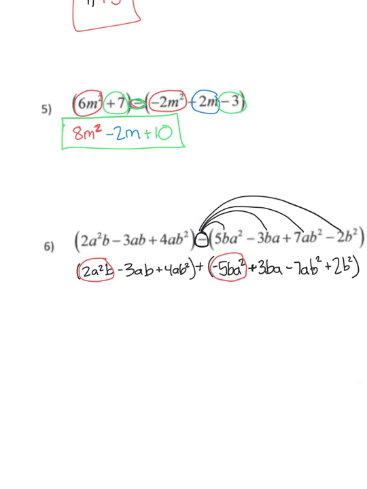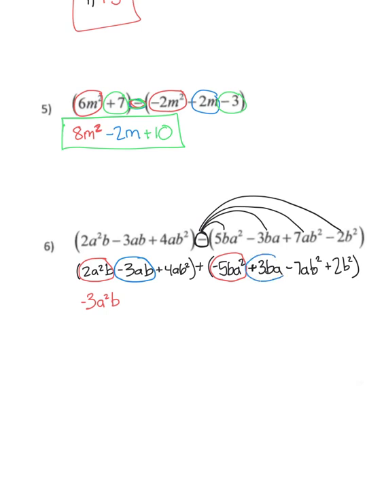2 plus a negative 5 gives me a negative 3a squared b. Now I could write ba squared, but usually we write the letter with the higher power first and then the second letter. Next I have an ab.